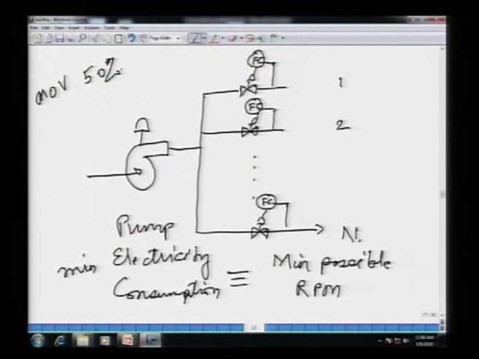Now, what that means is, I am unnecessarily pinching this most open valve, unnecessary pressure drop is being taken across the valve, and that implies that I am generating too much pressure by rotating the pump at a high RPM.